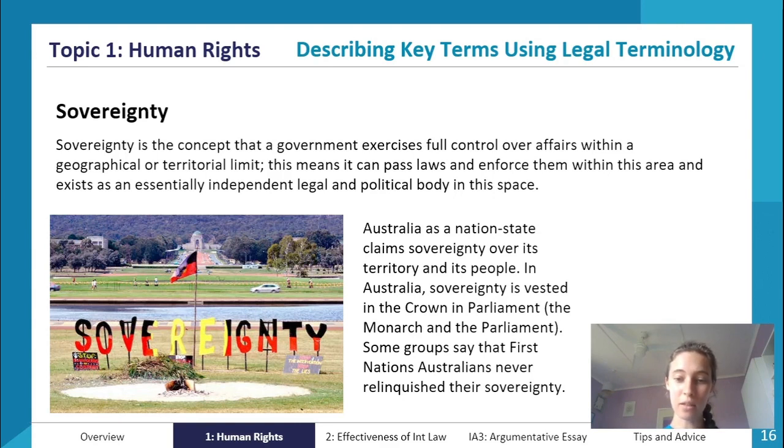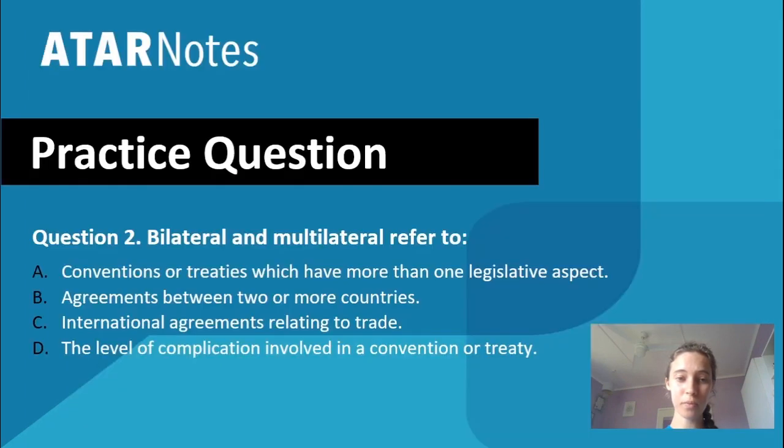So that relates to sovereignty and who actually has that control over the land and the laws and what happens here. Bilateral and multilateral. So those two we spoke about earlier, and you've got a few options about what they actually refer to. So have a go at that when you can.